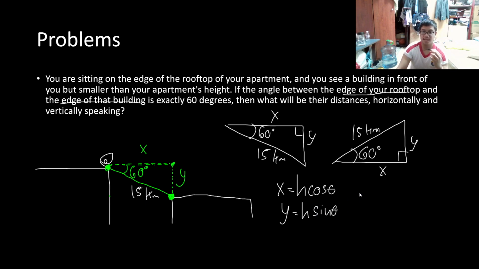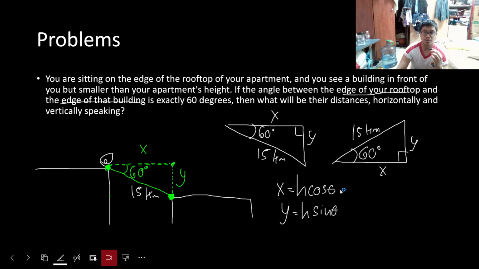So if you have a given hypotenuse and you're looking for the two components, you will use this formula. To find the horizontal, multiply the hypotenuse by cosine. And for the y, on the other hand, you will multiply the hypotenuse by sine.